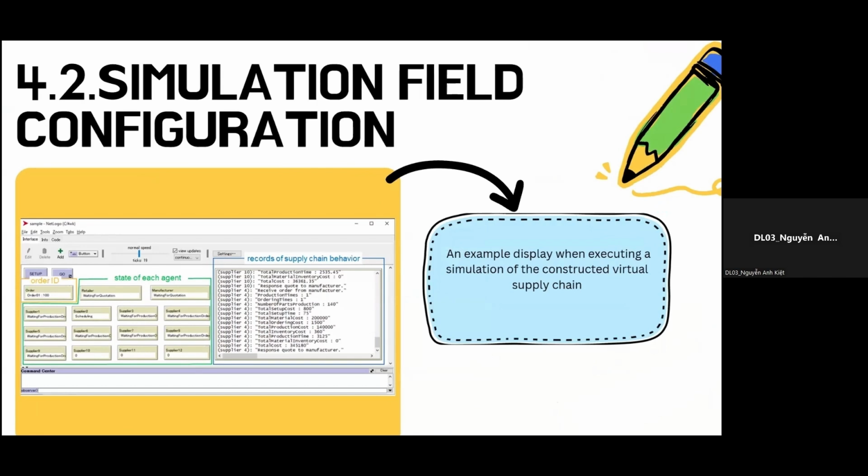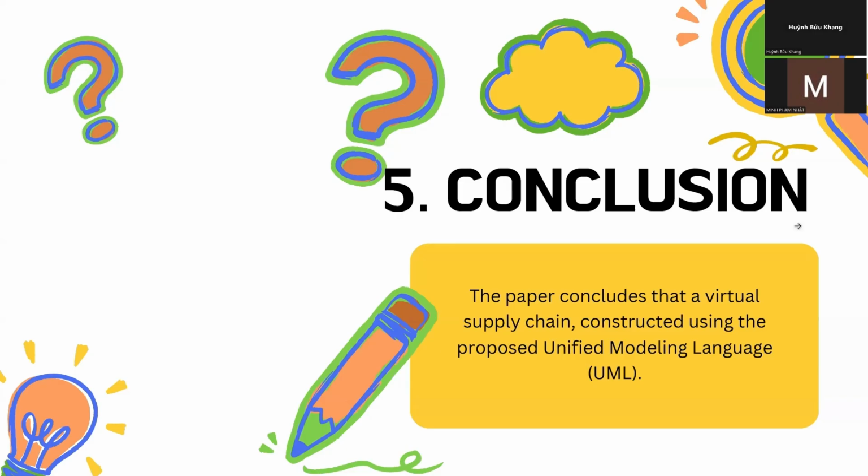And so in this picture we have an example display when executing a simulation of the constructed virtual supply chain. So the last part will sum up the key points up until this moment.